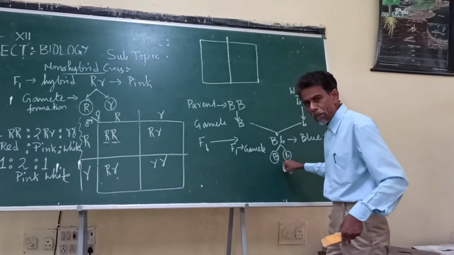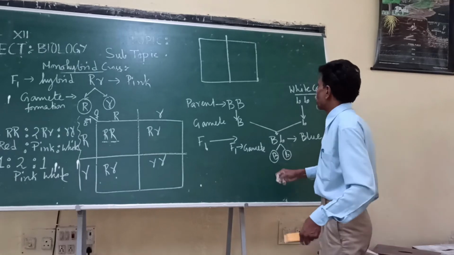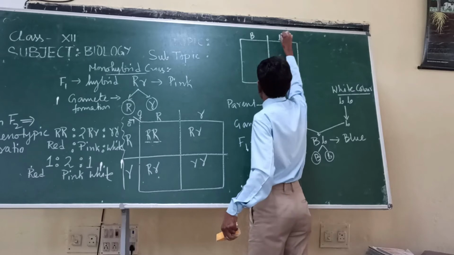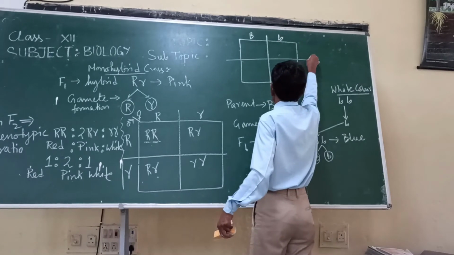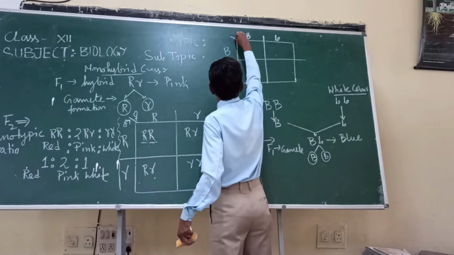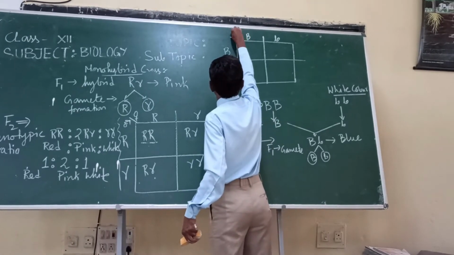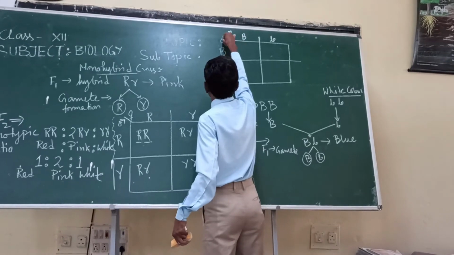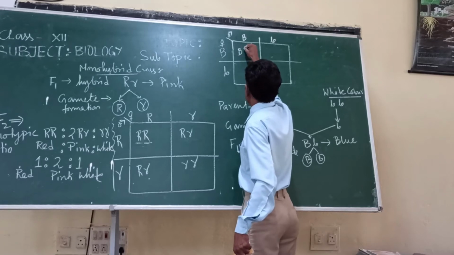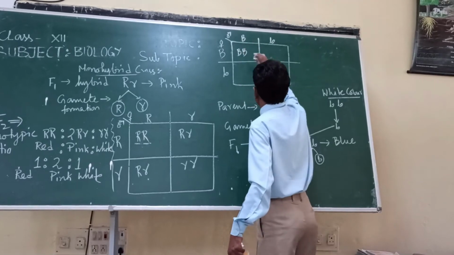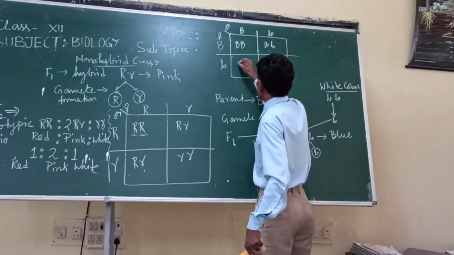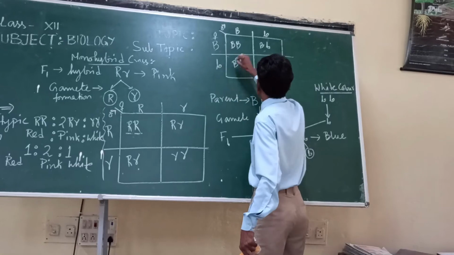Now when the F1 gametes of chick, capital B, small b, this is male, this is female gamete, were crossbred, capital B, small b, capital B, small b, and this small b, small b.